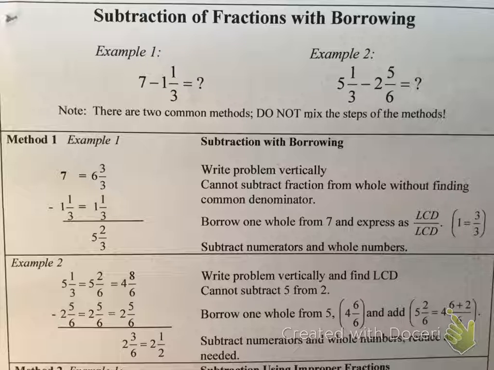That situation is a little different because it has a whole number, and I'll tackle that next. But first I want to do example number 2. Example number 2 is 5 1/3 minus 2 5/6. These are two mixed numbers. Whenever you have to borrow, you have to have mixed numbers, at least one on top, because you have to have something to borrow from. So that's kind of a key.